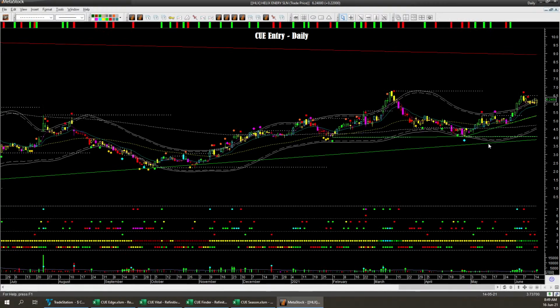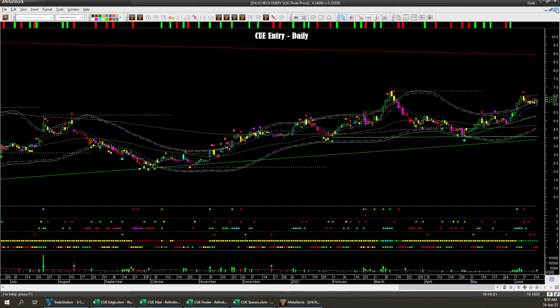Helix Energy, currently it is near the upper boundary in an uptrend, but I would prefer to buy using the bullish headwind signal that came earlier or the first bullish flow that followed that. Maybe even here using a go with flow setup, also a pullback setup, but not at this point.